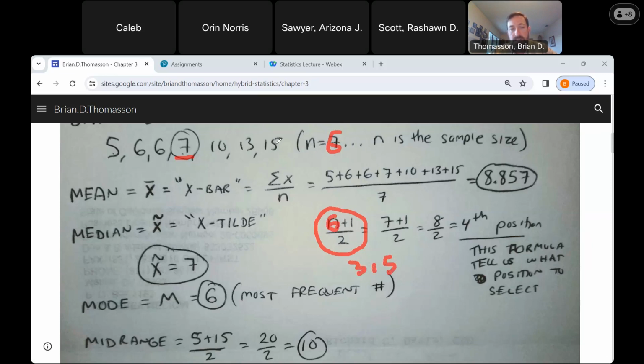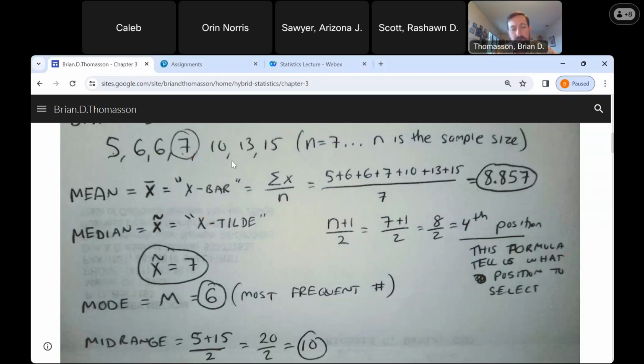If we only have 6 data elements, say we didn't have this 15, there's no true center because the center should fall halfway between 6 and 7, because there's 3 on either side. And that's what this 3.5 is telling you. If we have an even number, we're going to split the difference between, in this case, the third and the fourth value. So we take the 6 and the 7, and we'd average those. So anytime there's not a true middle, we just force the middle halfway between the two on either side.